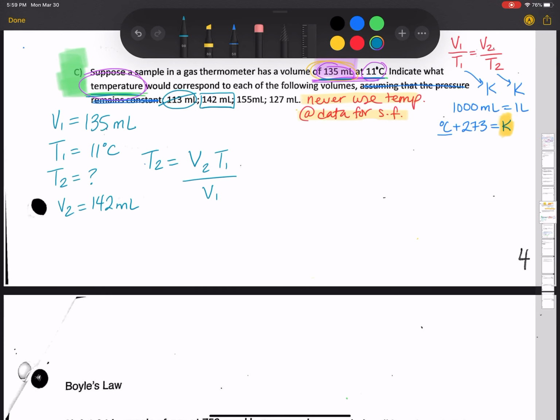Remember, you can always practice by going V1 over T1 equals V2 over T2. Set this up so it automatically says V1 times T2 equals V2 times T1. You're solving for T2, so that means you're going to get T2 equals V2 times T1 over V1.